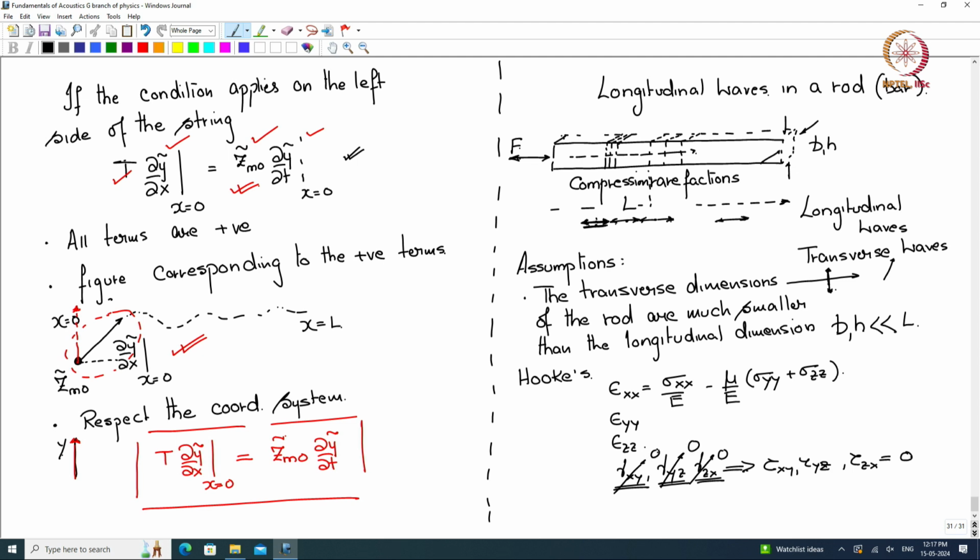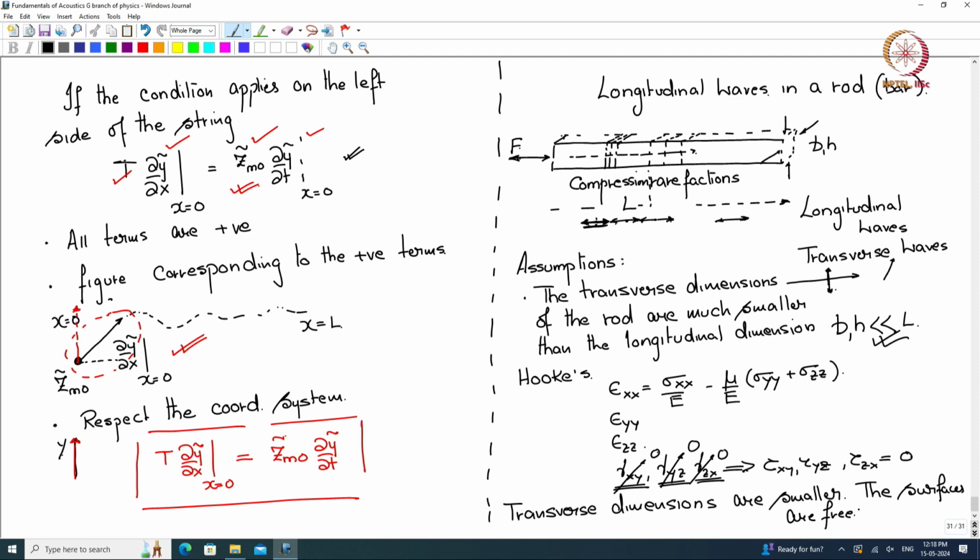So the corresponding shear stresses are 0, and the surfaces are unrestrained. Okay, so transverse dimensions are small, and the surfaces are free.